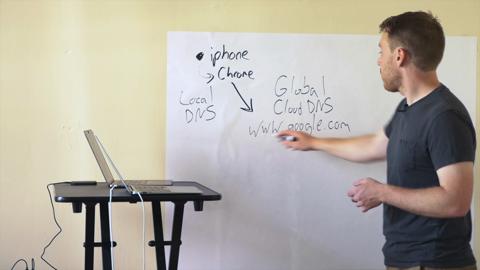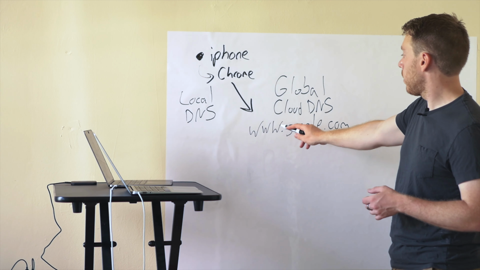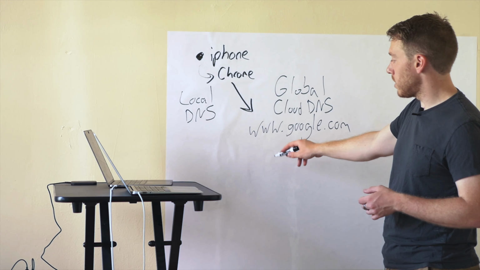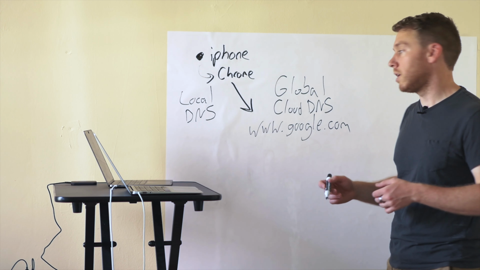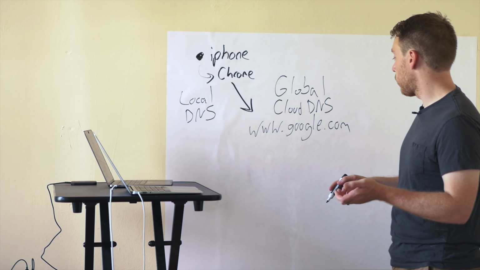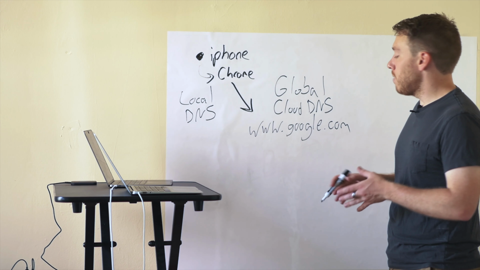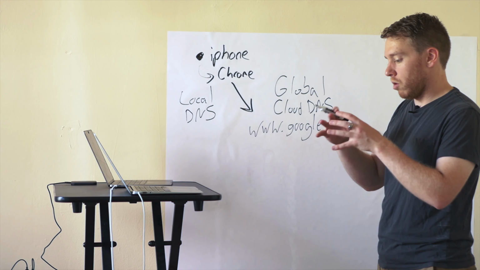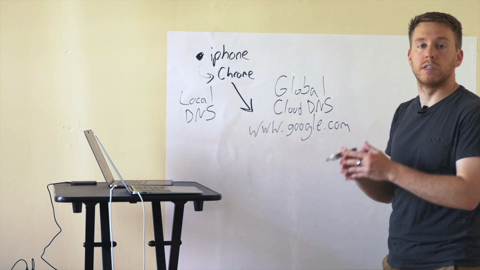The domain registrar that has google.com registered points to a set of name servers. There's usually 3, but there could be 4, there could be 1. The name servers are the location of the hosting provider.